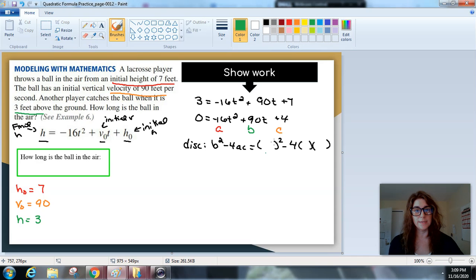So again, just filling in the values wherever they belong, just like we did in all those problems previously in our practice. When you do that, you are going to get a discriminant that comes out to 8,356. Again, from here, we're going to start using our quadratic formula.